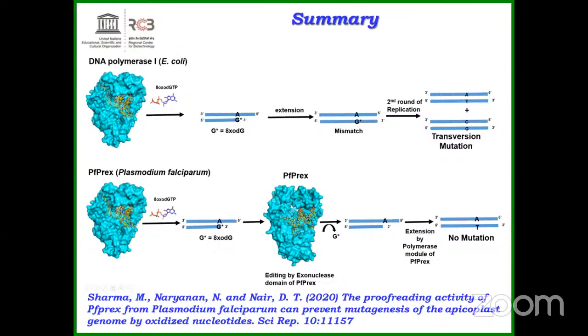So you see that both of them incorporate 8-oxo-dGTP opposite A, but whereas DNA polymerase 1 just continues synthesizing so that that mismatch is retained, in the case of PfPrex, the exonuclease domain carries out editing of the newly synthesized DNA so that this misincorporated 8-oxo-dG is removed, and then after that it can resynthesize again to ensure that there is no mutation.